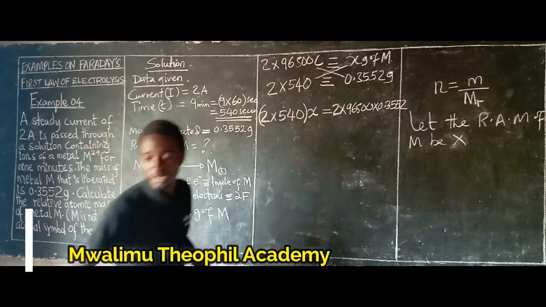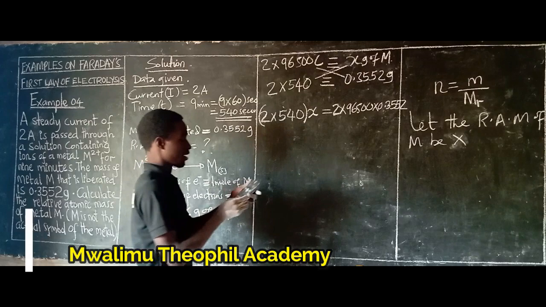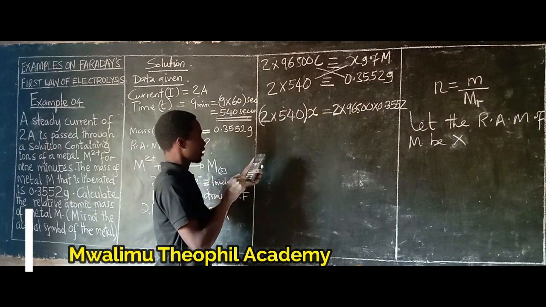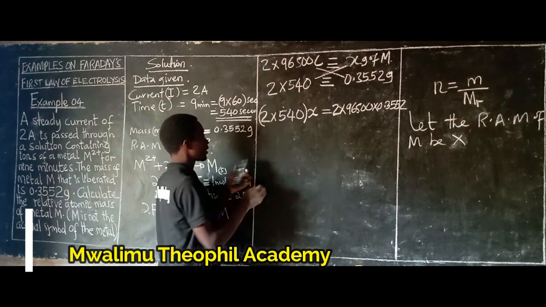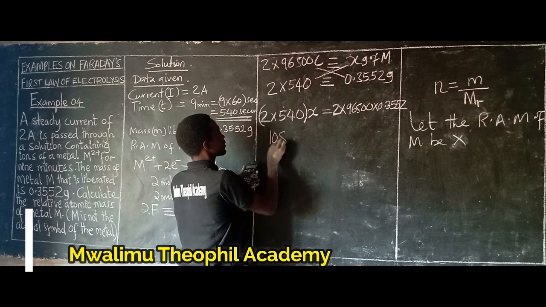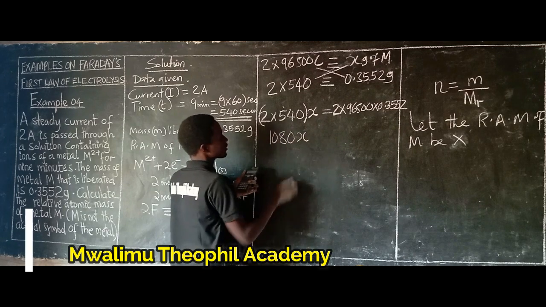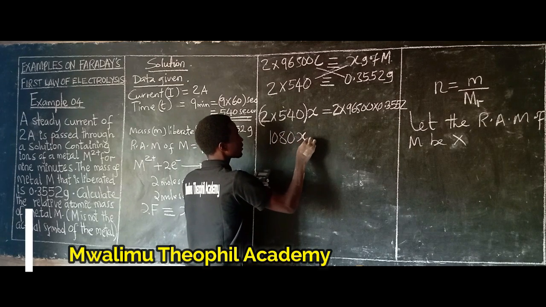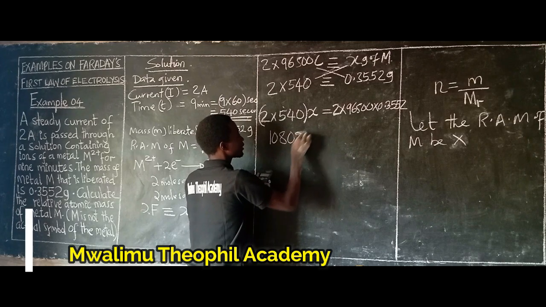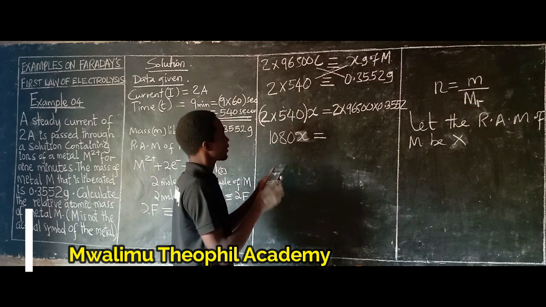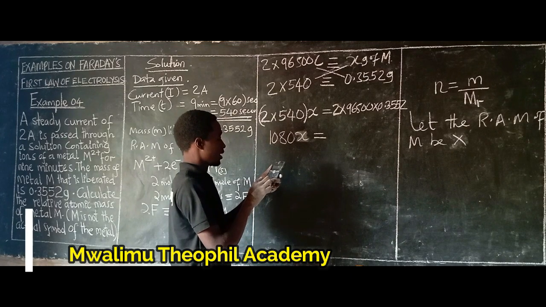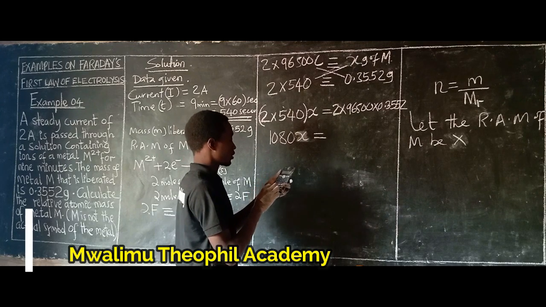Let us compute using a calculator the values on the right hand side and left hand side. On the left hand side, we have 2 times 540, which gives 1080. So 1080 times X will be equal to, let us compute the right hand side, 2 times 96,500 times 0.3552.